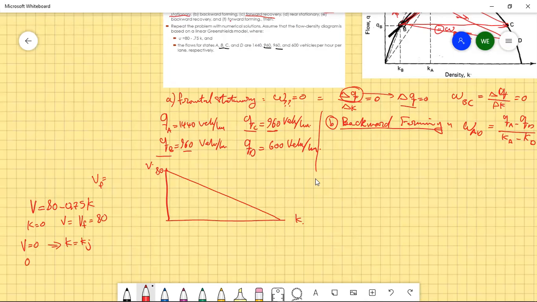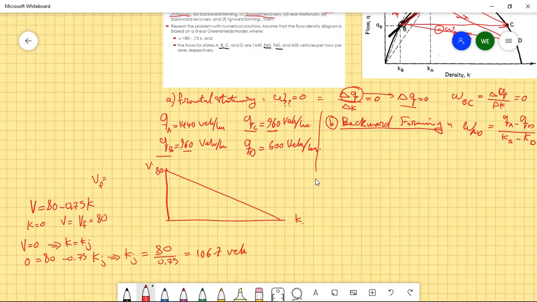So 0 equal 80 minus 0.75 times K jam. That means K jam, the jam density, equals how much, guys? 80 divided by 0.75, which is basically 4 multiply 80 divided by 3, 106.7.